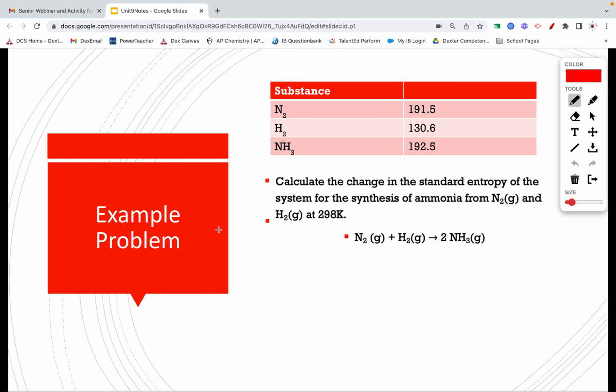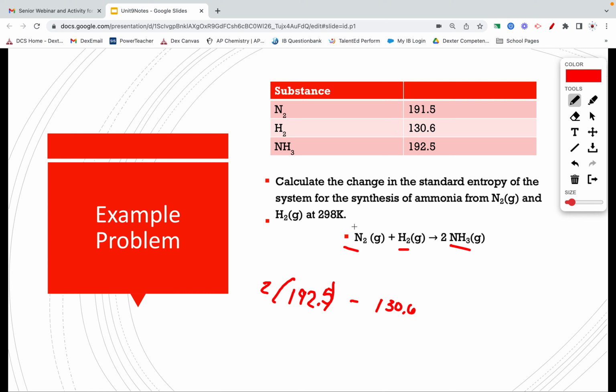We have our reactants and our products. So it's products minus reactants. Our product is 192.5, and it's mole ratios, so we have to multiply that by 2, minus our reactants, which will be 130.6.